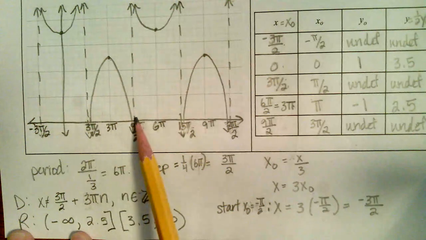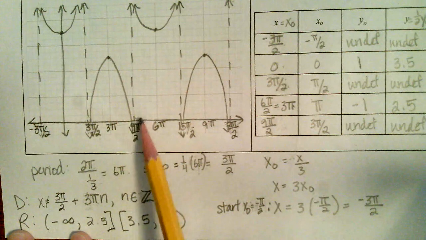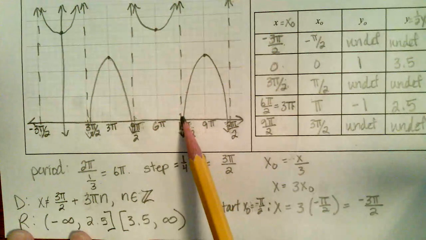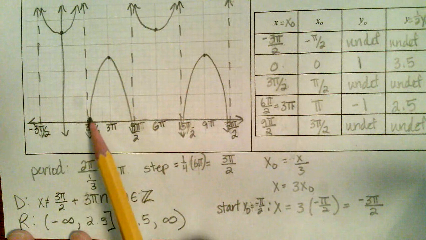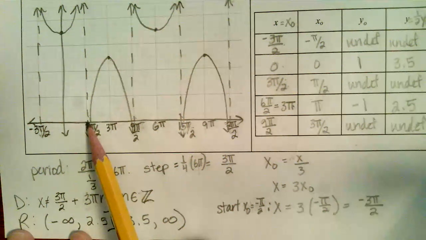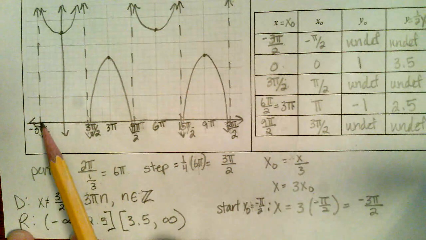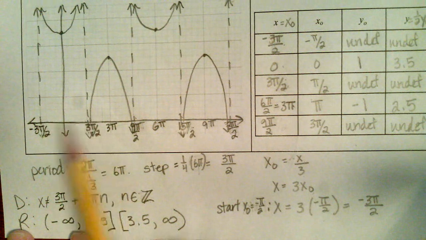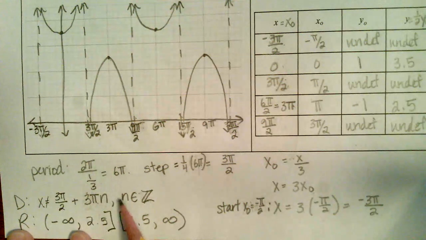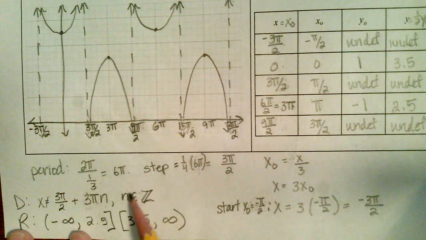So if I go 3 pi units, I'm at an asymptote. If I go another 3 pi units, I'm at my next asymptote. So I can see that's the pattern. And if I go 3 pi in the negative direction, this distance is 6 pi over 2, which is 3 pi. So again, this notation is important. You're saying that n is an integer.